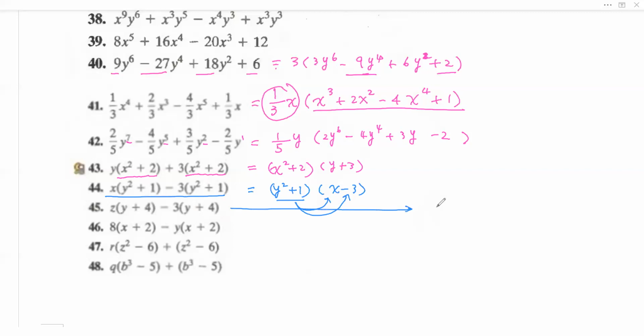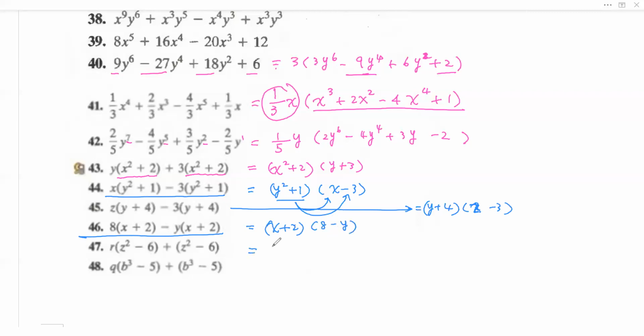So see 45, y plus 4 is their common factor, right? And the rest: no x, it's z, right? z minus 3. And 46, x plus 2 is the common factor, right? And the rest is a minus y.